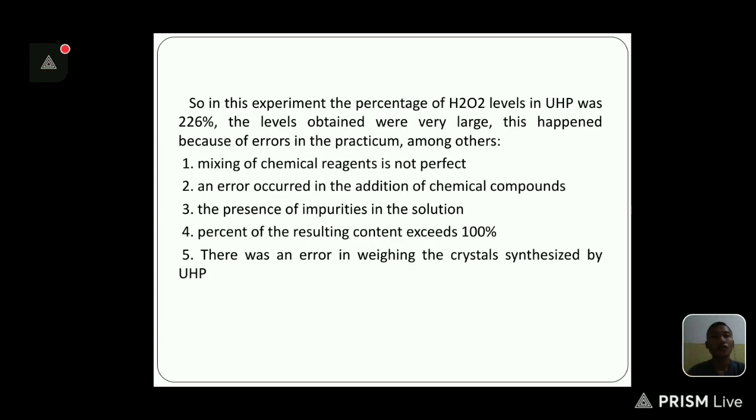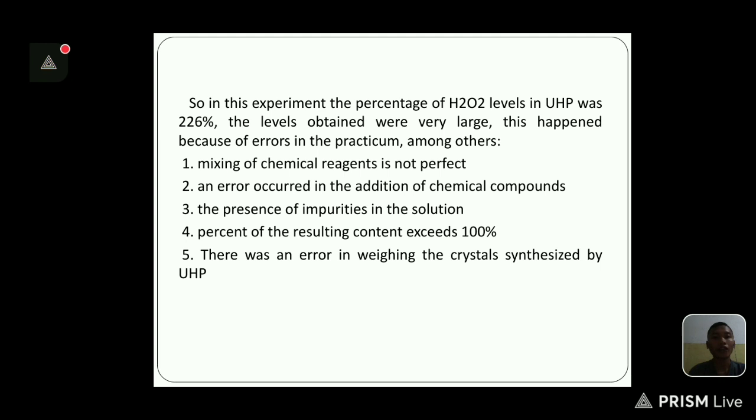So in this experiment, the percentage of hydrogen peroxide level in UHP was 212.6%. The level obtained was very large. This happened because of errors in the practicum, among others: 1. Mixing of chemical reagents was not perfect. 2.